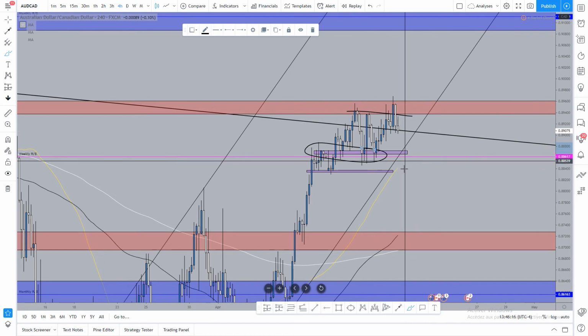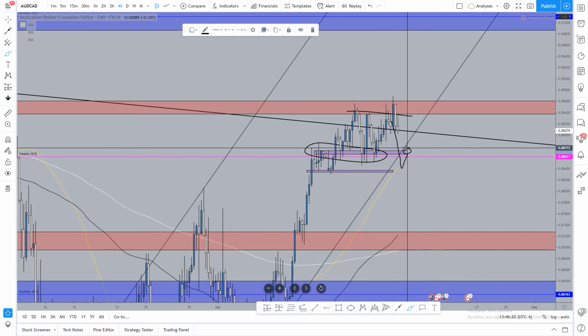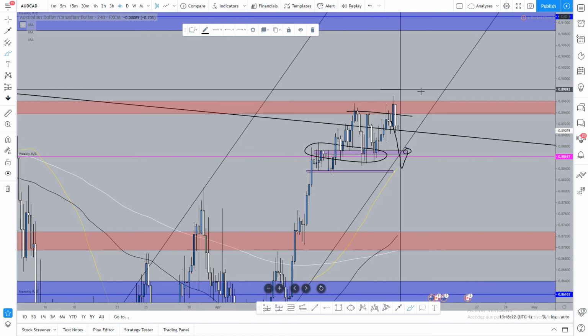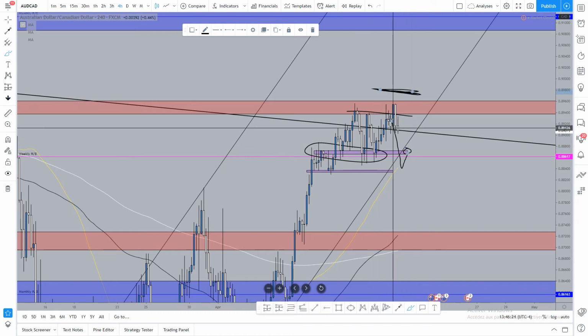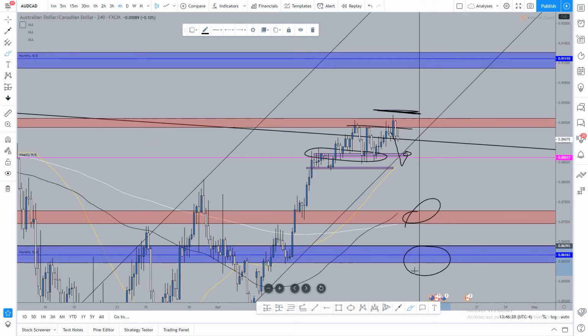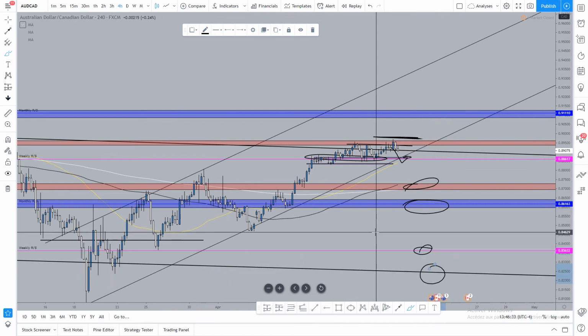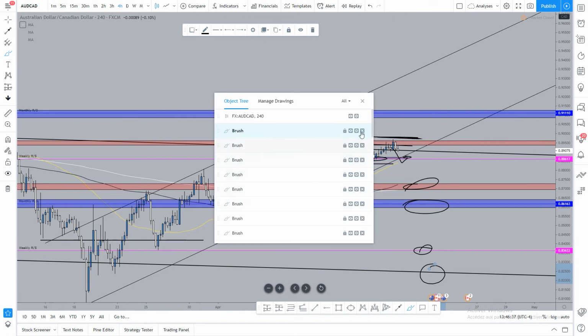If we break like that and we retrace, you can take your entry here with your stop loss above the zone all the way up, with your first take profit here, the second one there, and the third and fourth ones, as we said on the weekly and the day time frame. So it's pretty much only that.